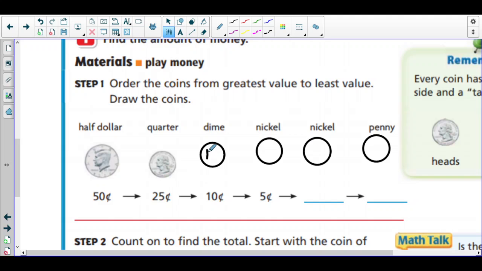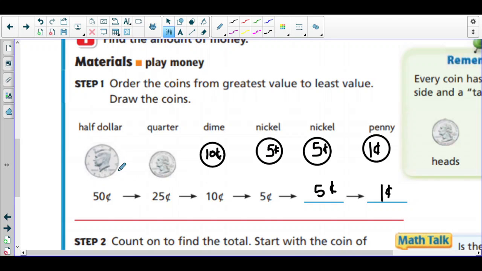So here is 10 cents. Nickel, 5 cents. Another nickel, 5 cents, and a penny, 1 cent. Okay, so here's my 50, 25, 10, 5, another 5, and then 1 cent.